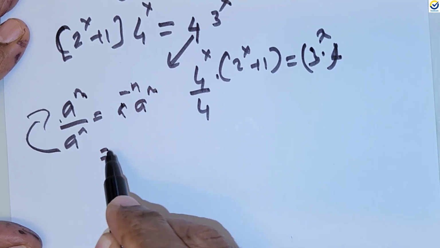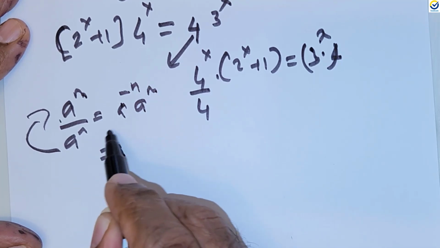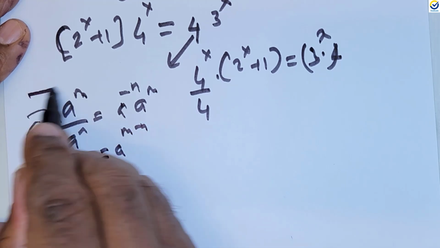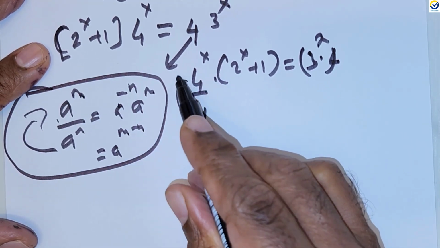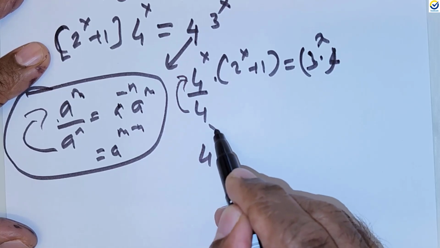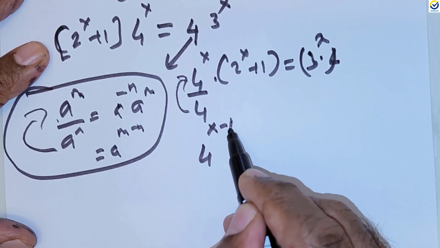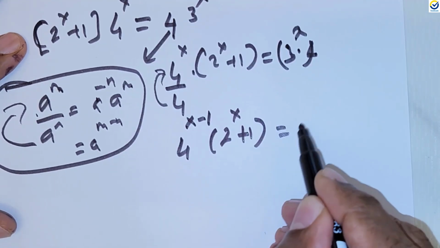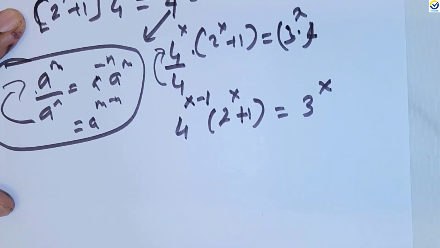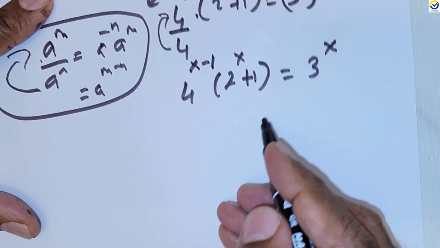Further down I can rewrite it as a raised to the power of m minus n. Right, all of these things are possible. So that's exactly what I'm going to do. So this is going to be 4 raised to the power of x minus 1 times 2 raised to the power of x plus 1 is equal to 3 raised to the power of x. Okay, this is what I've got.